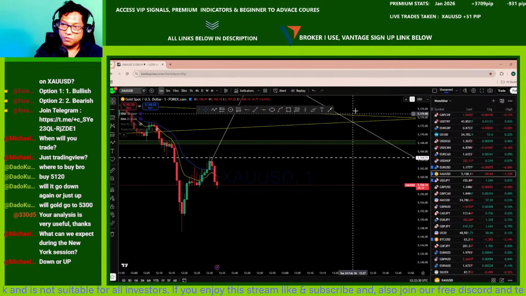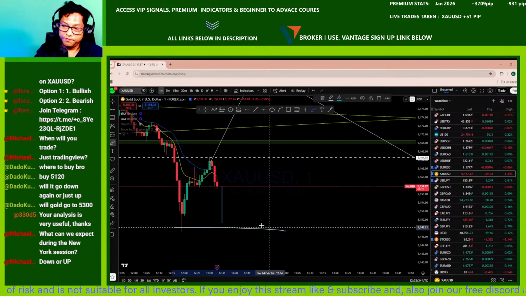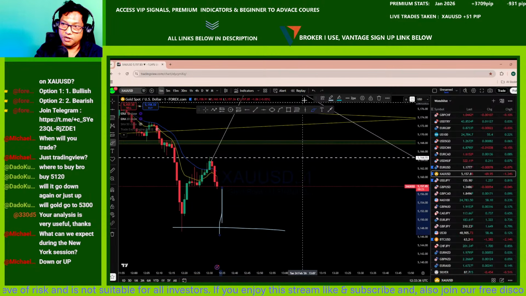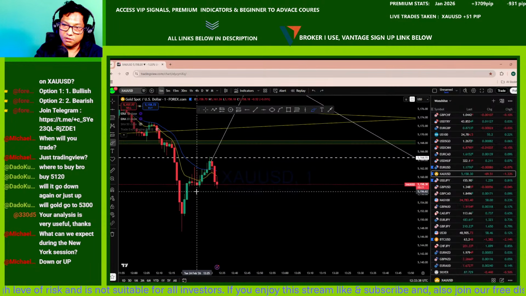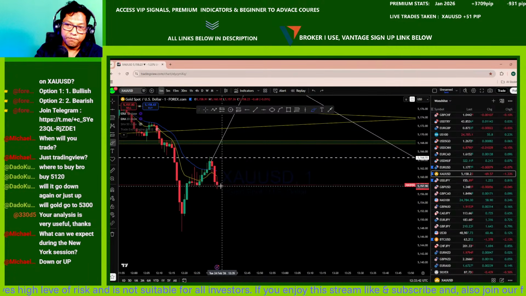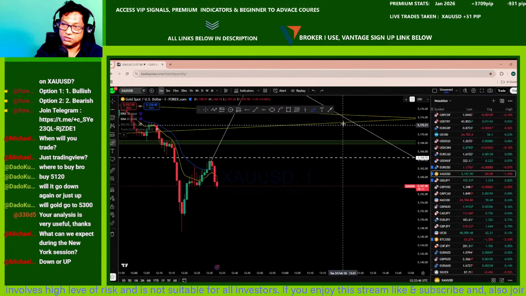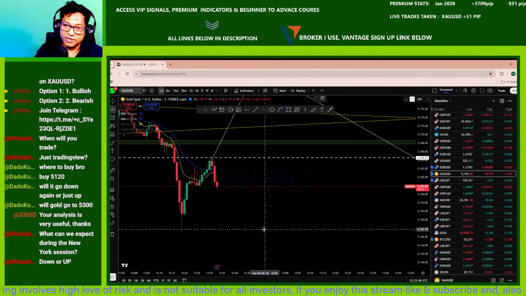And there is, if you look at, a significant lower time frame bullish fair value gap. The market may melt down back below to this support level here in that area.